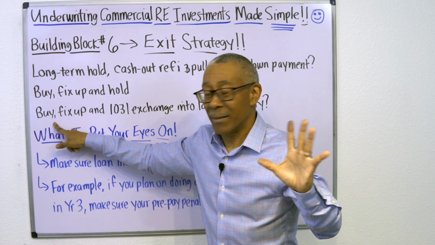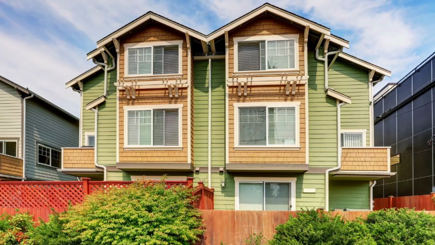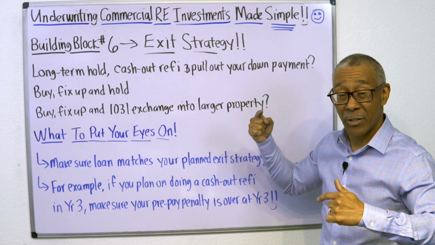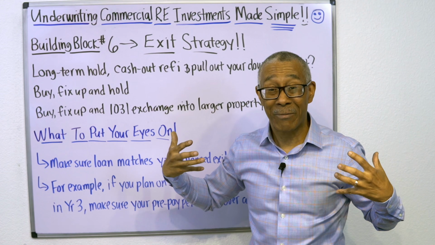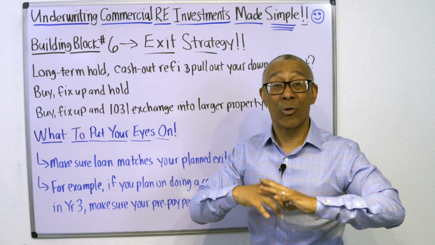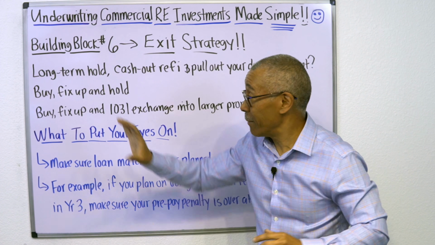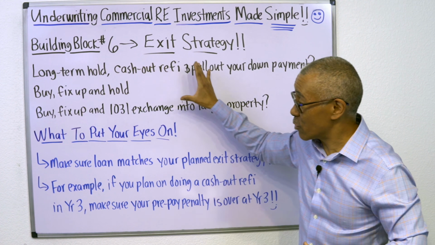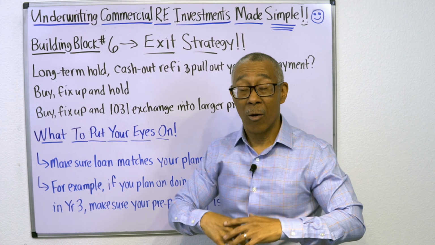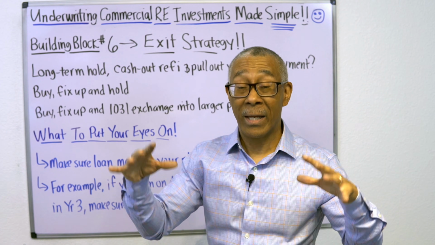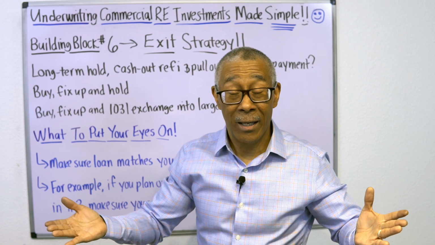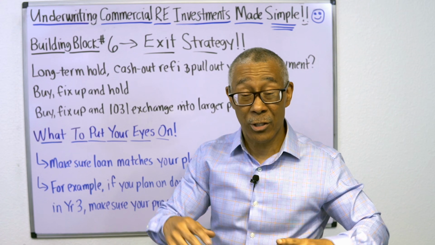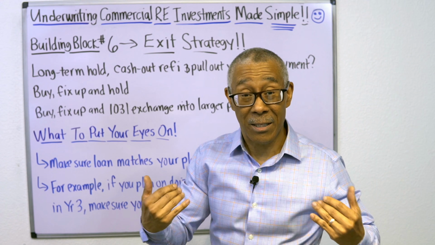You want to buy it, you're going to fix it up, and then you're going to 1031 exchange it, and you're going to defer all the capital gains into the larger property. That's what I've done many times. It's a great way to build wealth. All right, so these are your exit strategies. Every property, when you underwrite, needs to have an exit strategy. And if you have a question on an exit strategy, go ahead and text us and we'll help you out.